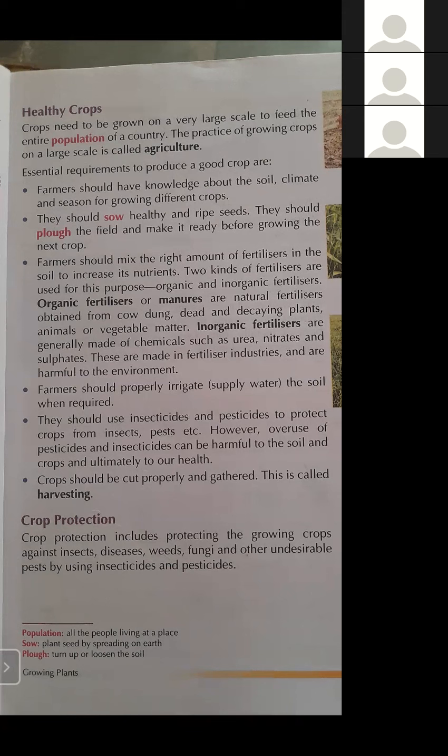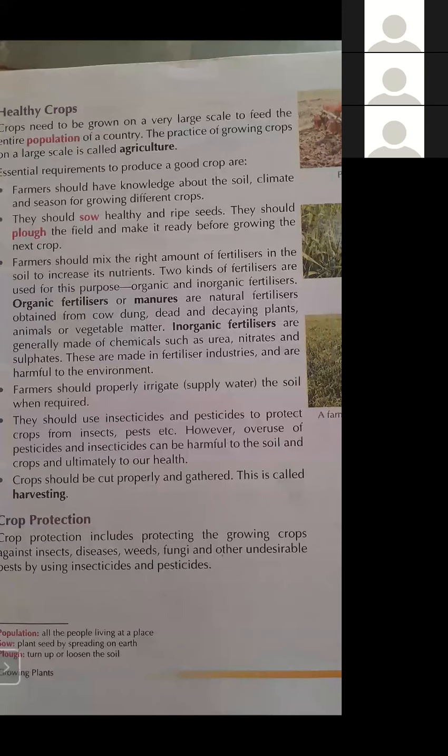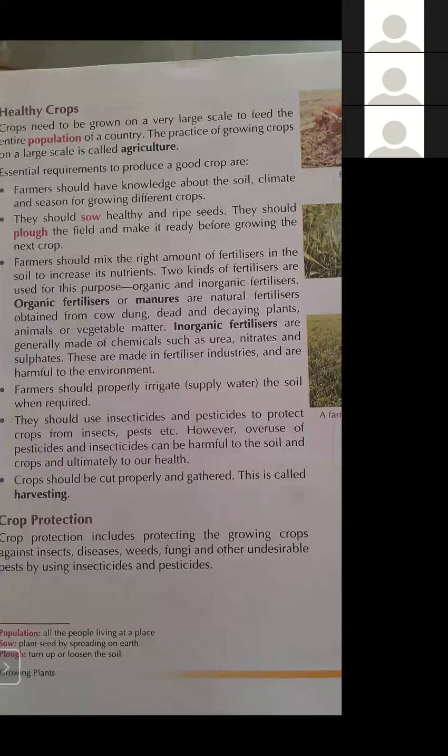These are as follows. Farmers should have knowledge about the soil, climate, and the season for growing different crops. The farmers who are going to produce crops must have proper knowledge about the soil and the climate, meaning the weather conditions: which crop is suitable for the rainy season, and which crop is suitable for the winter season.